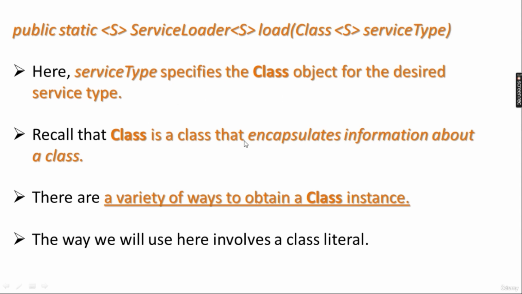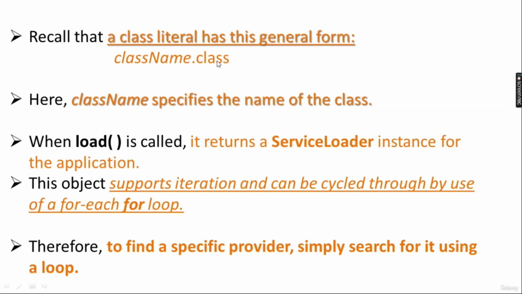Class is a class that encapsulates information about a class; complete information of a class is given by Class. There are a variety of ways to obtain a Class object. The way we will use involves the class literal, or class constant, in the format ClassName.class.